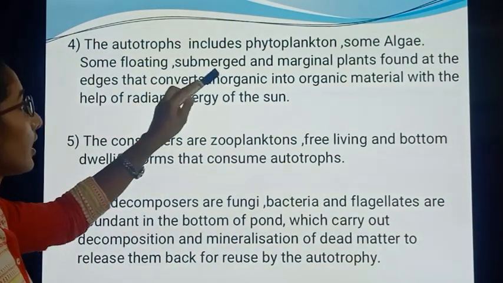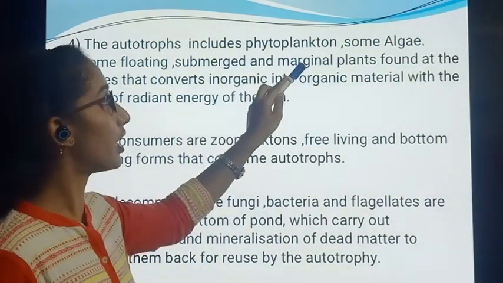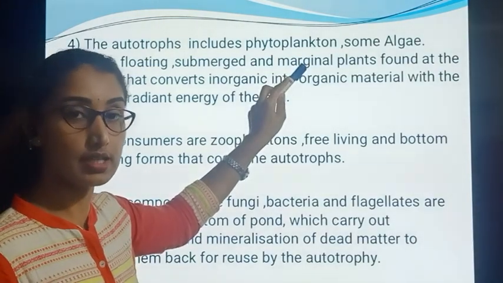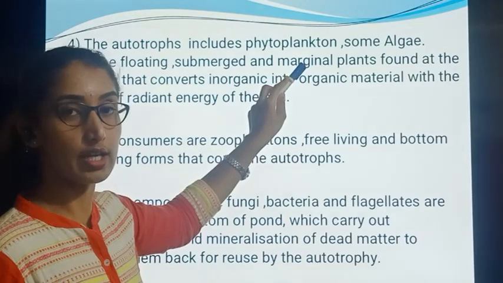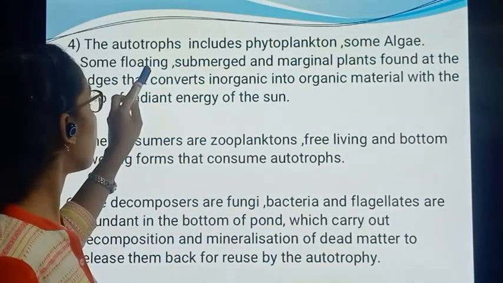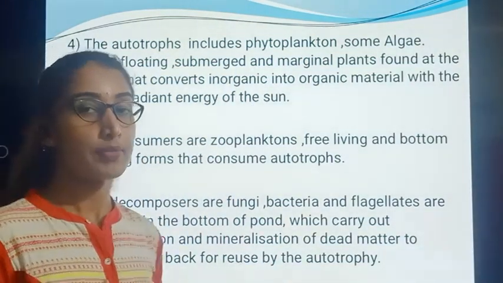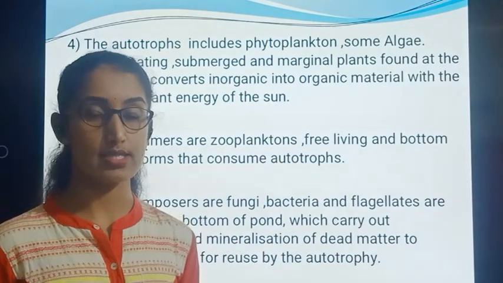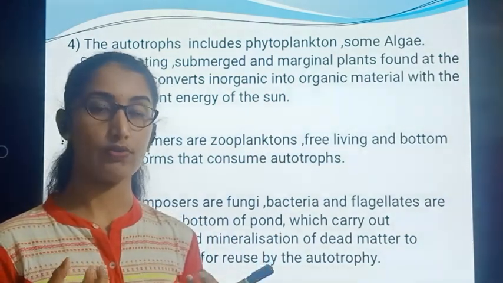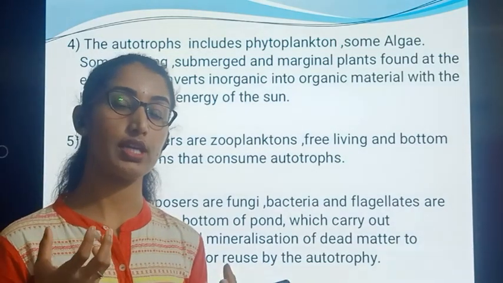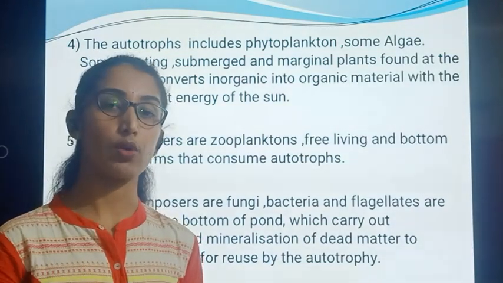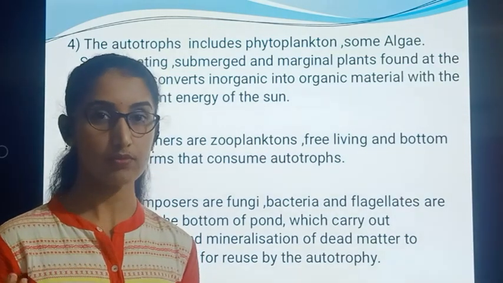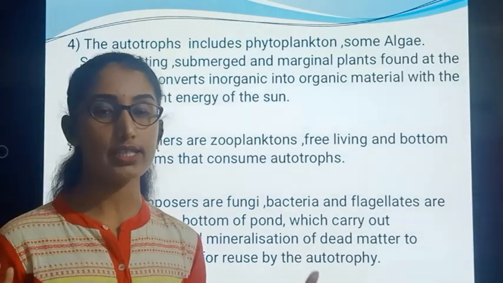Some are floating, some submerged, and many might be marginal, present at the edges of the pond ecosystem. What does it mean that some are floating? In the pond ecosystem, many of the phytoplanktons or green plants will be in the floating condition, on the water surface.